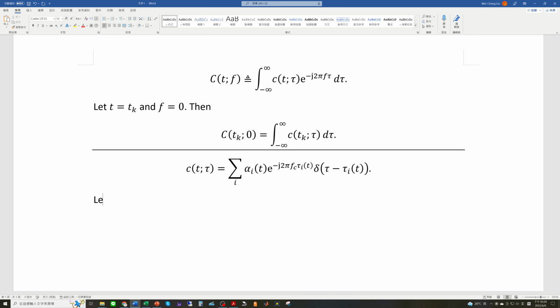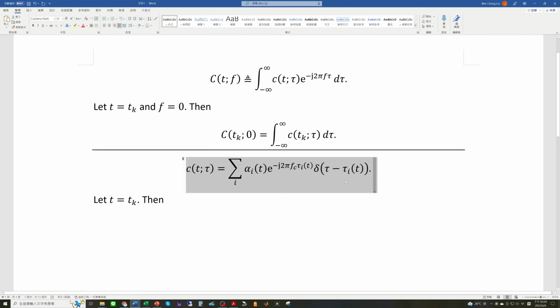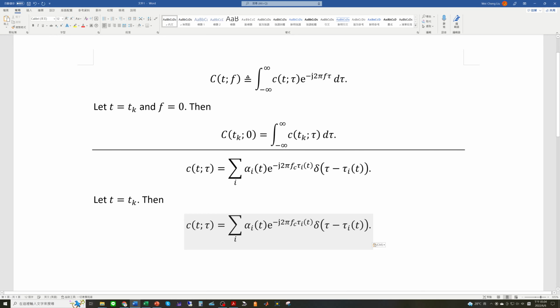Now we let t equal tk. Then we just need to replace each t by tk.